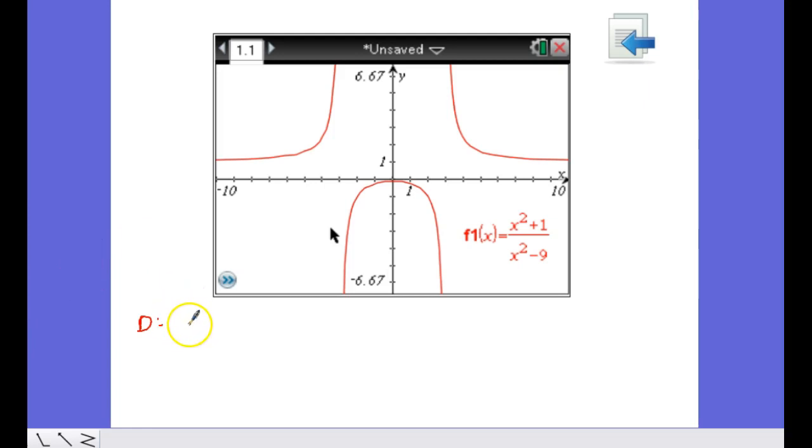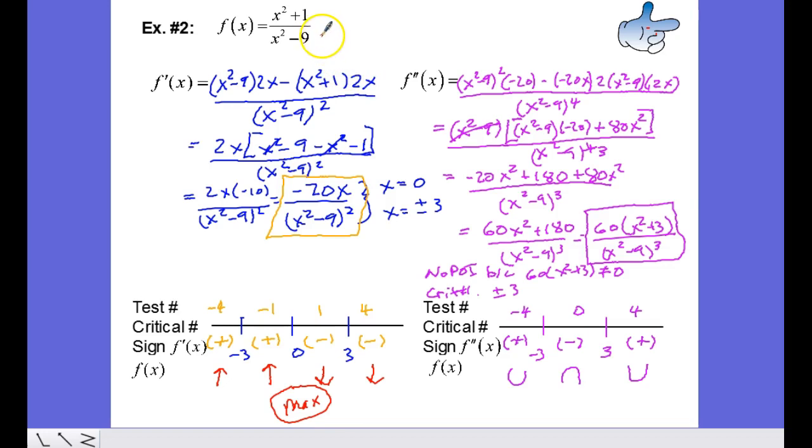So we have three intervals: -∞ to -3, union, -3 to 3, union, 3 to infinity. Range. So let's take a look at the range. The range of this function is going to start out being all real numbers, but we have to consider, do we have any horizontal asymptotes or slant asymptotes?